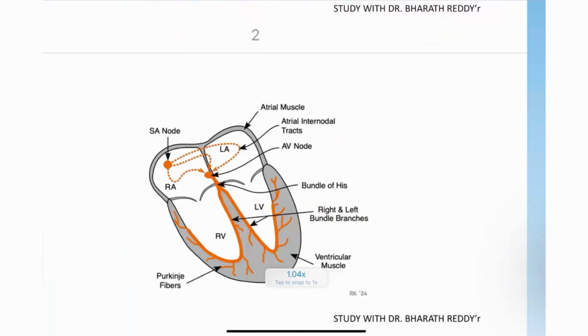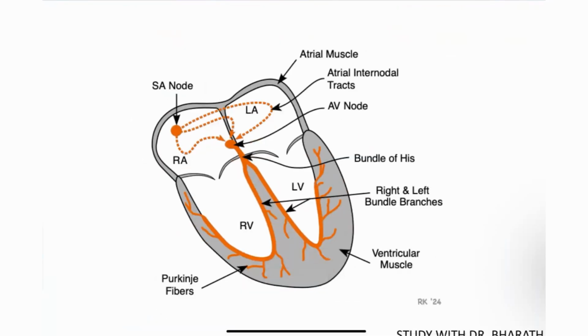Next, moving on, what is the electrical conduction system? First there will be the SA node, which is known as the pacemaker. This pacemaker is going to send the signals to the AV node, and from the AV node, through the bundle of His, it is going to send to the right bundle branches and left bundle branches.